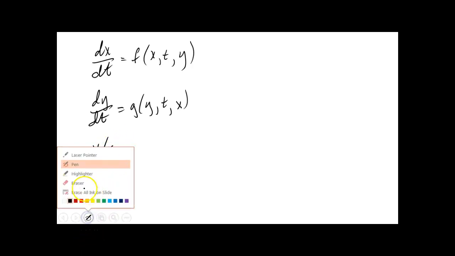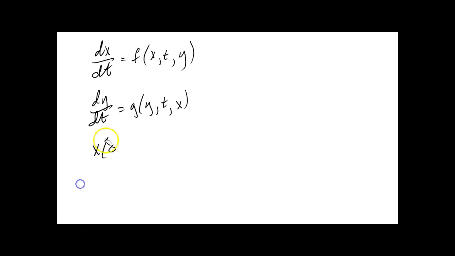Now, if you did have a system such as that, the solution of that is a pair of differentiable functions. One would be x as a function of, okay, let me write that again.